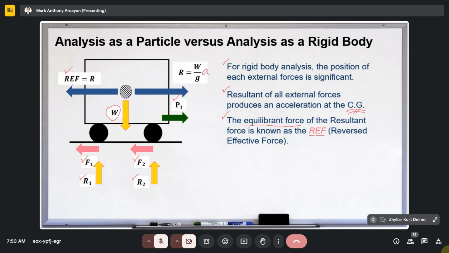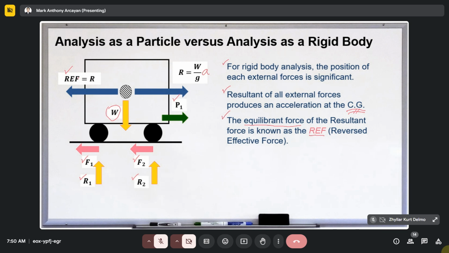And what's the reason why we still need the REF? Well, the REF is the quantity that we can experience in real life. It's like when you ride a bus, when it accelerates, you feel like you are pulled backwards, and that's the REF that you experience.